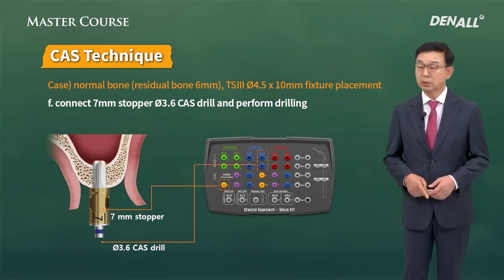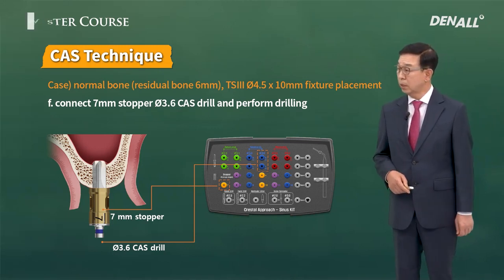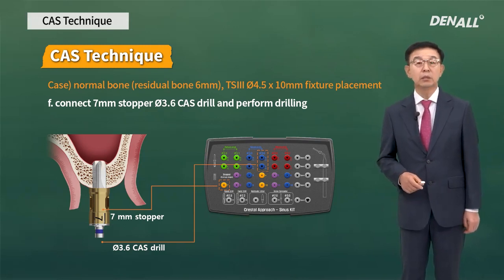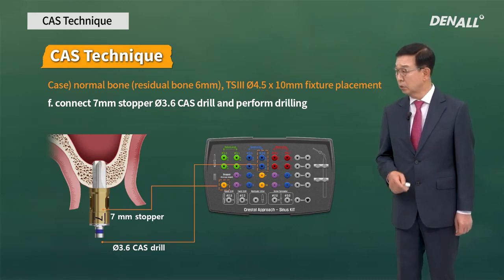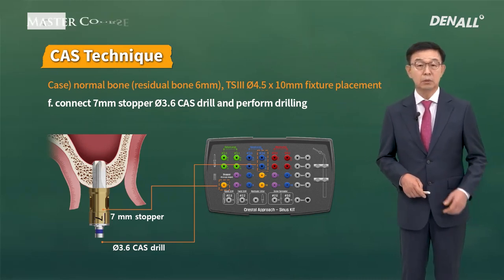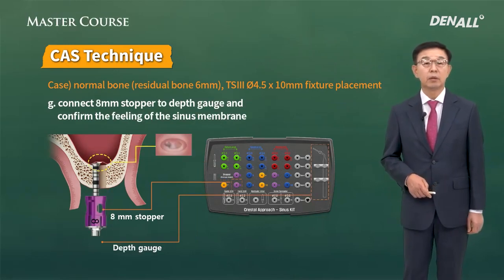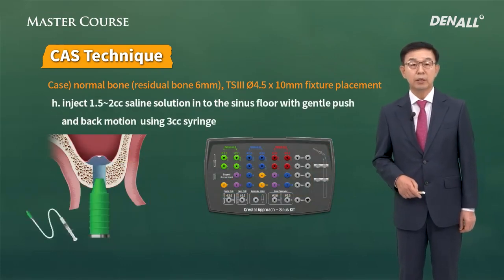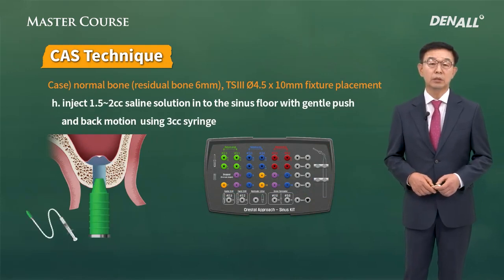Do it below 800 RPM. And if you pay attention to the feeling of the sinus floor being penetrated, in most cases you'll be able to notice that. Check whether the sinus floor has been penetrated, and after that you can do the hydrolift.